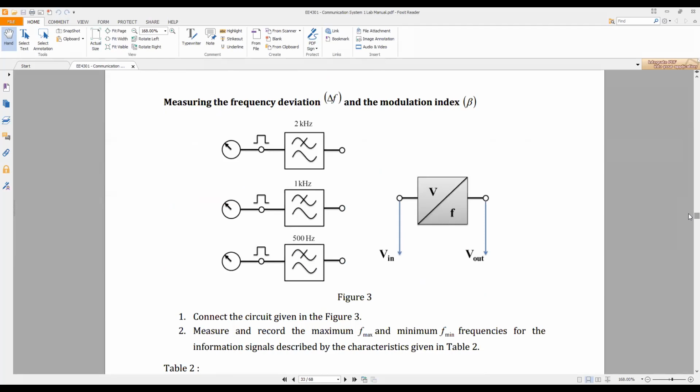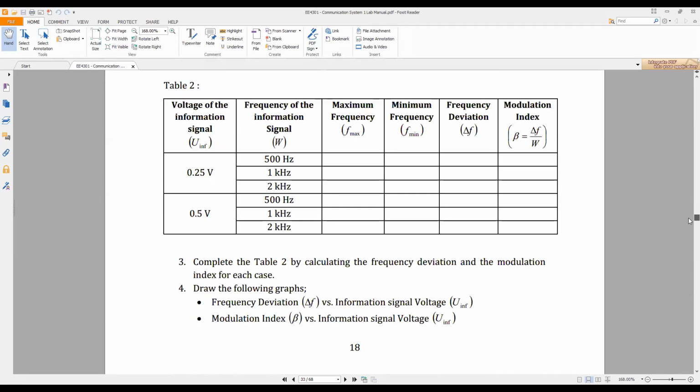In this part, you have to measure the frequency deviation and modulation index. This is the circuit you have to connect, and we have to give these two voltage inputs separately.